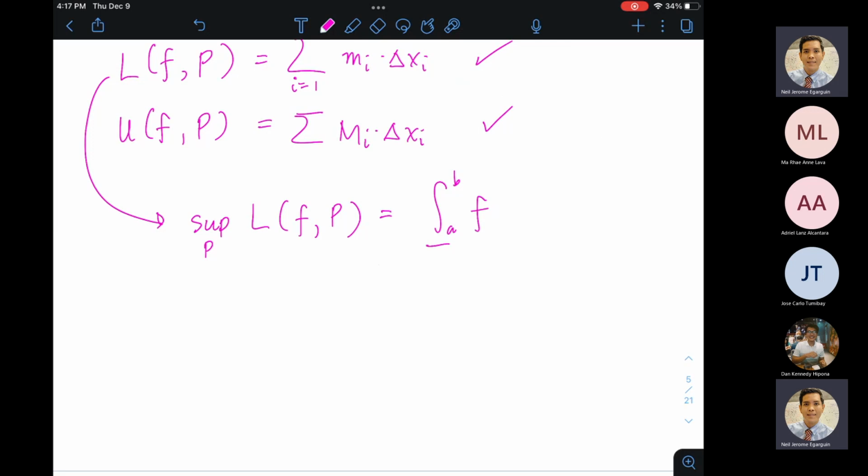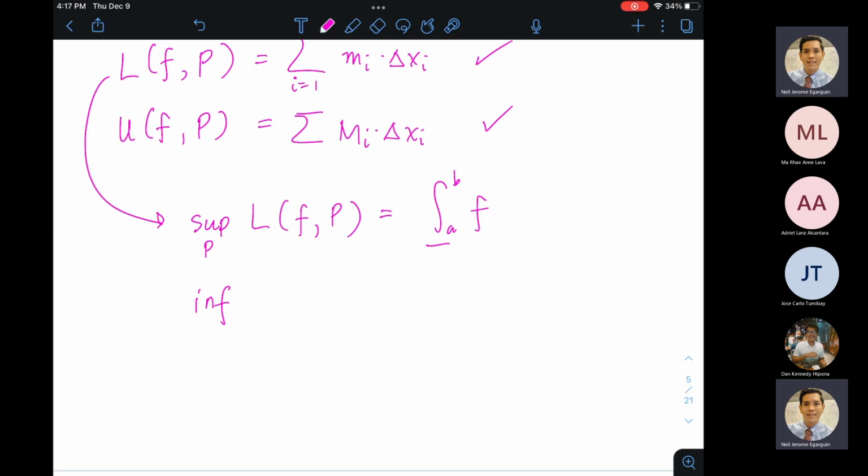Tapos, sa bawat partition inducer na yon, kukunin ko yung upper Riemann sum. Tapos, kukunin ko yung greatest lower bound kasi sobrang malalaki nga yung mga upper sums. Kukunin ko yung pinakamalaking lower bound nila para mapapaliit ko siya pero hindi ko siya masyadong papaliitin. Right in the middle lang siya maninirahan.